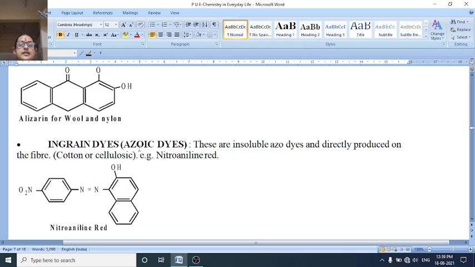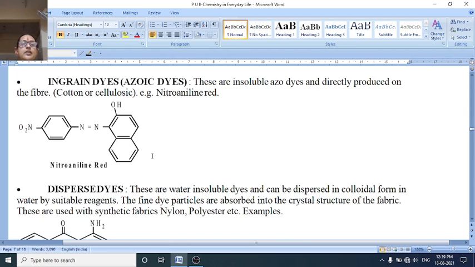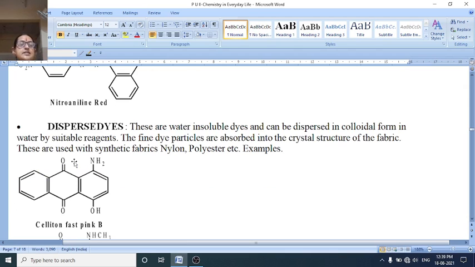In grain dyes, that is azoic dyes, these are insoluble azo dyes and directly produced on the fiber, that is cotton or cellulose. Nitroaniline red. Next is disperse dyes. These are water insoluble dyes and can be dispersed in colloidal form in water by suitable reagents.